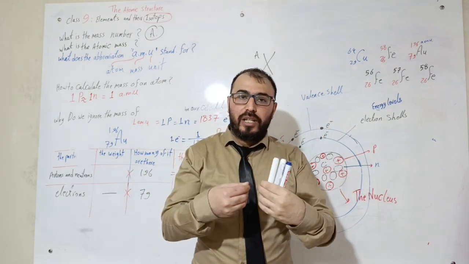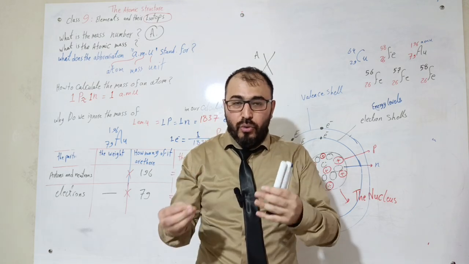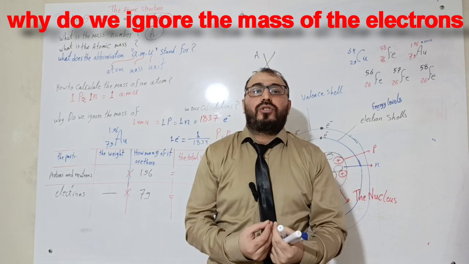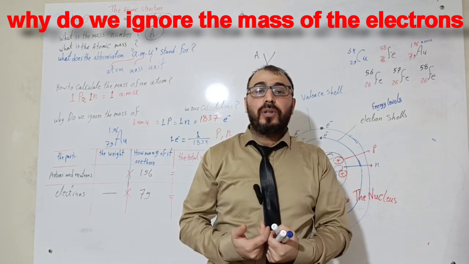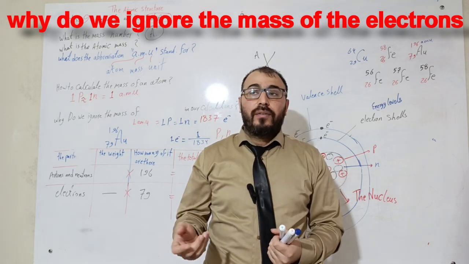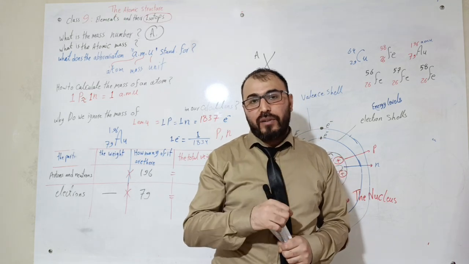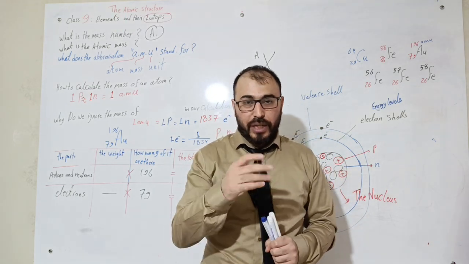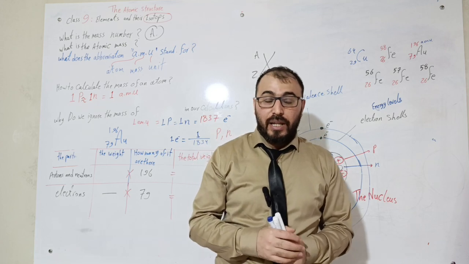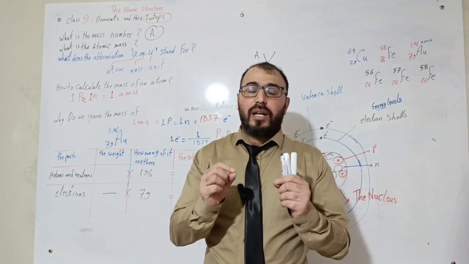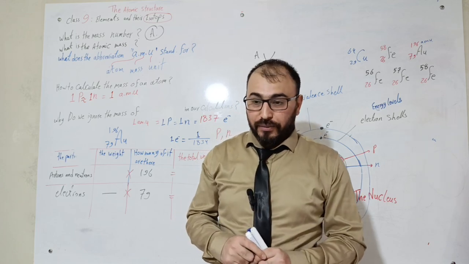Teacher, in your calculations, you are ignoring the mass of 79 electrons. Is this possible, and why? I said yes, it is possible, and we should ignore the mass of electrons in our calculations to calculate the mass of an atom. Allow me to explain why with a very small example.